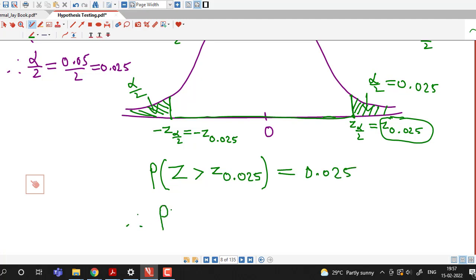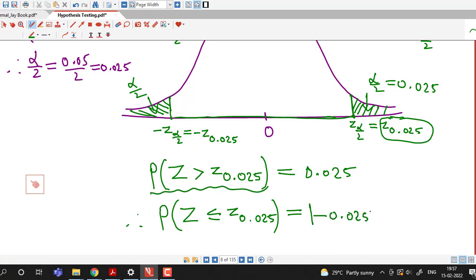Therefore, the probability that Z is smaller than Z suffix 0.025 will be equal to 1 minus this probability, that is 1 minus 0.025, which is 0.975.